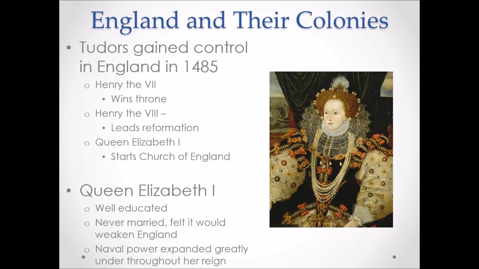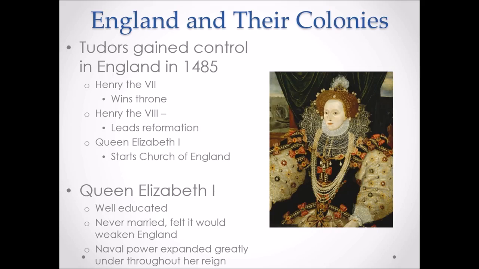He is succeeded by Henry VIII, who is most importantly known for leading the Reformation, stepping away from the Catholic Church in England, mostly because he wanted to be able to divorce his wives because he was not being given a son. A son wasn't being born, and he just kept divorcing his wives in hopes that he would ultimately get a son.